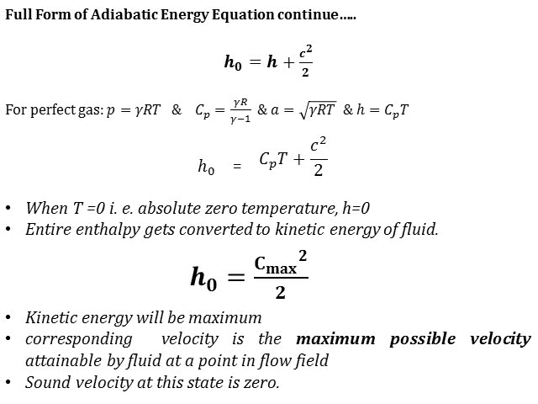Now at the point of zero absolute temperature, the energy possessed by the fluid molecules is zero, because of which the vibrations are zero and the transfer of a wave from one molecule to another will not be possible, and hence the velocity of sound wave will also be zero. This is the third form of adiabatic energy equation.